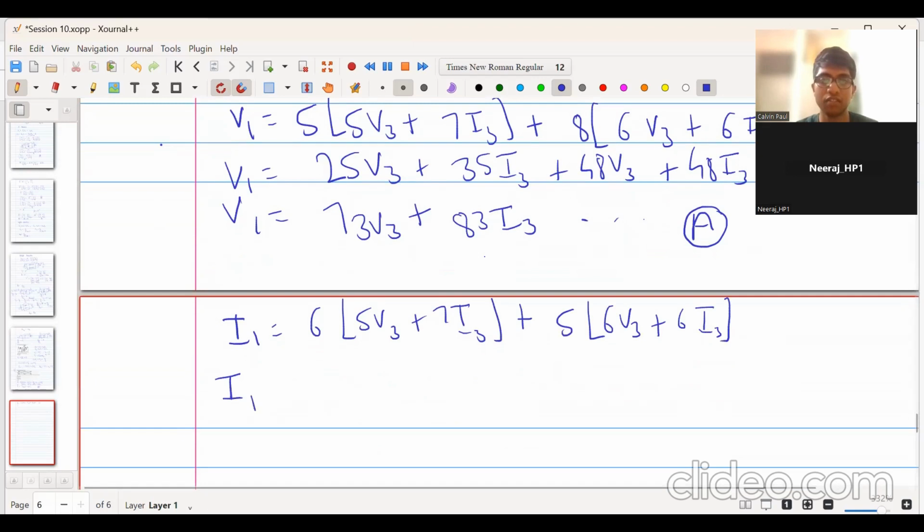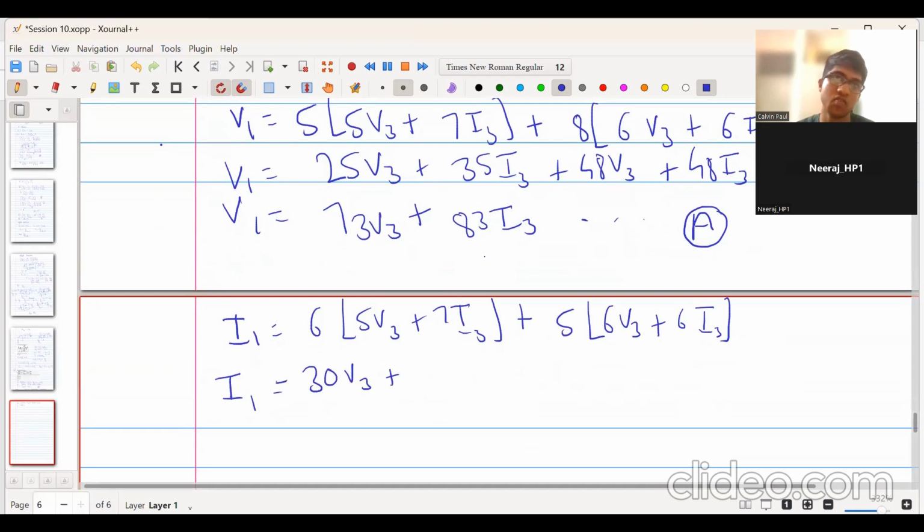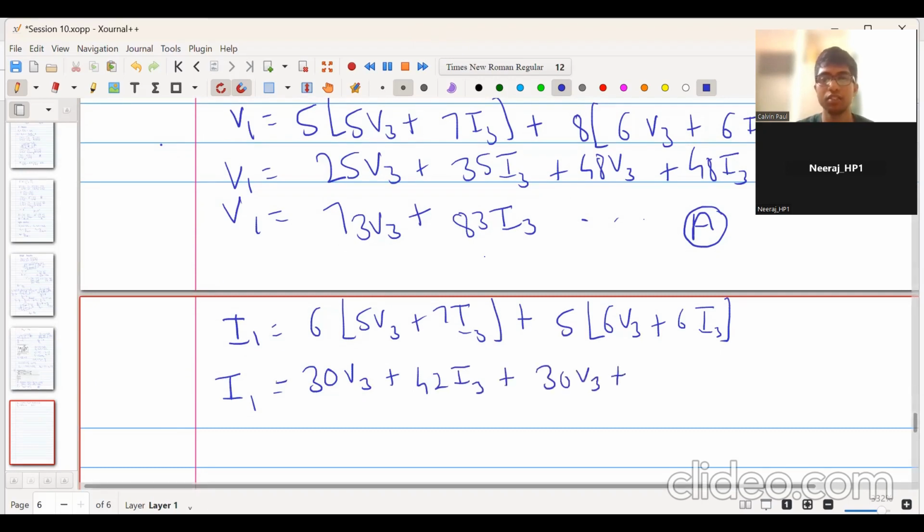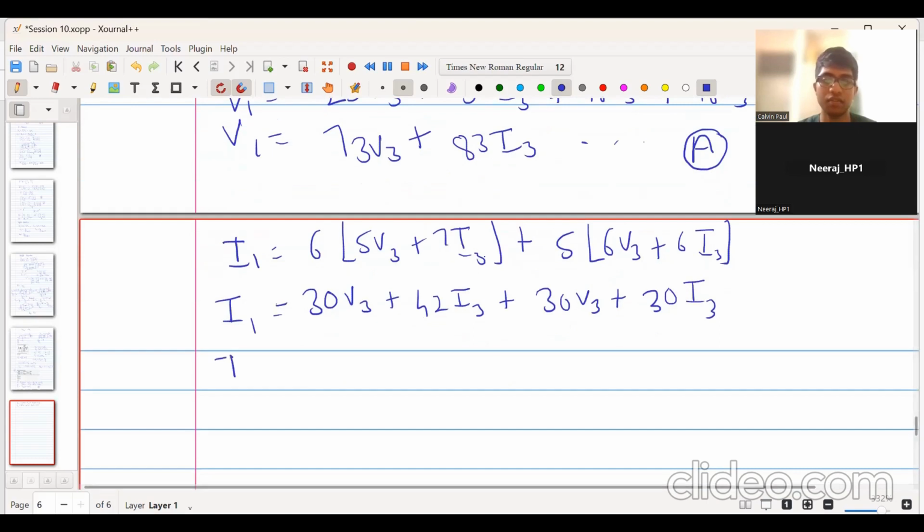That will be I1 is equal to 30 into V3 plus 42 I3 plus 30 into V3 plus 30 into I3. So we get I1 is equal to 60 into V3 plus 72 into I3.